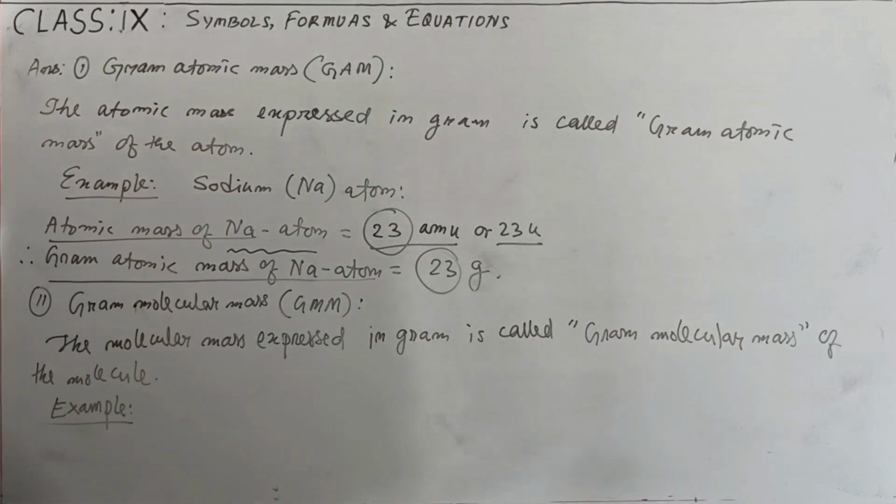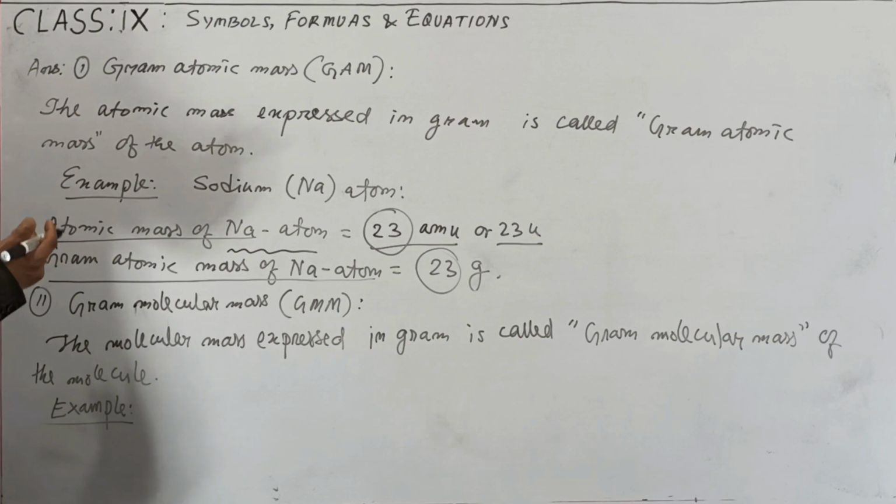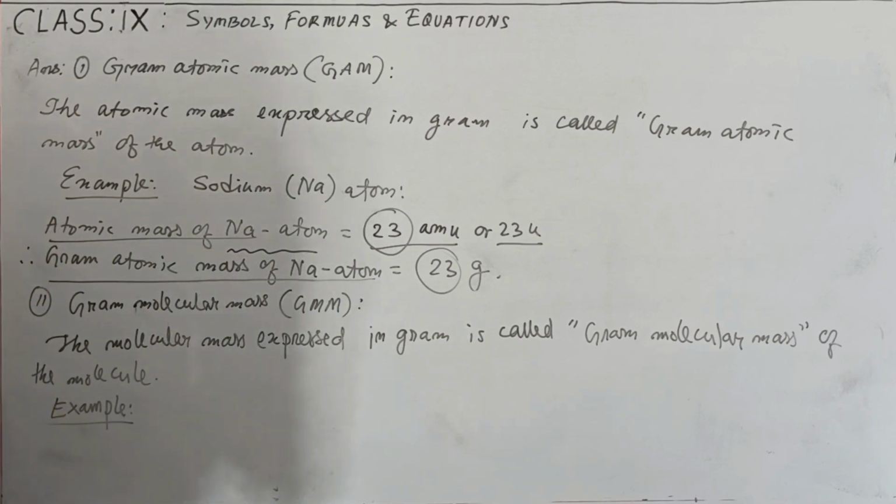So definition of gram molecular mass and definition of gram atomic mass are almost similar. If you know the definition of gram atomic mass, then you can give the definition of gram molecular mass. The word atom is changed into molecule, that's all.